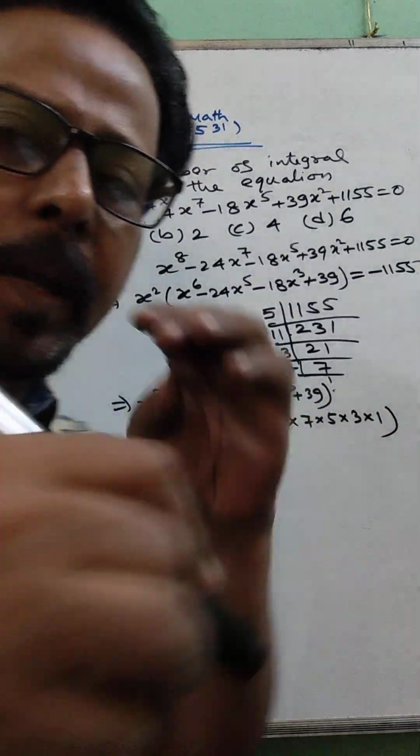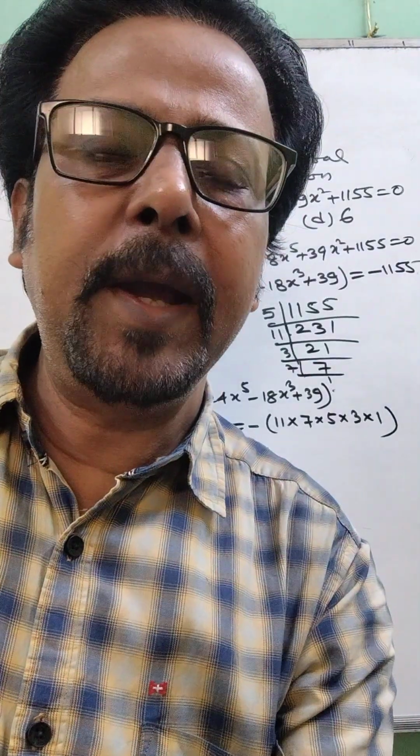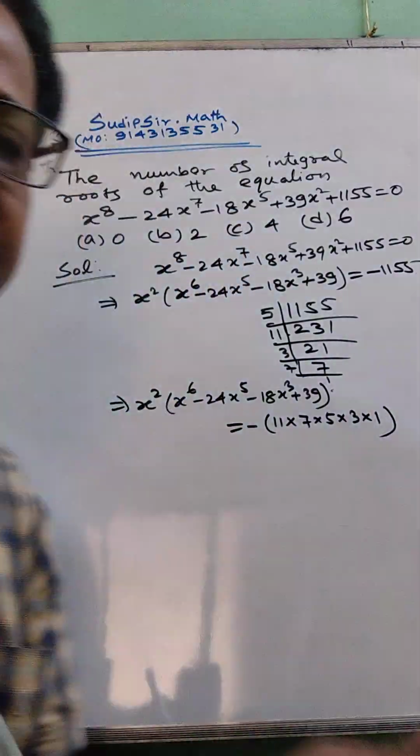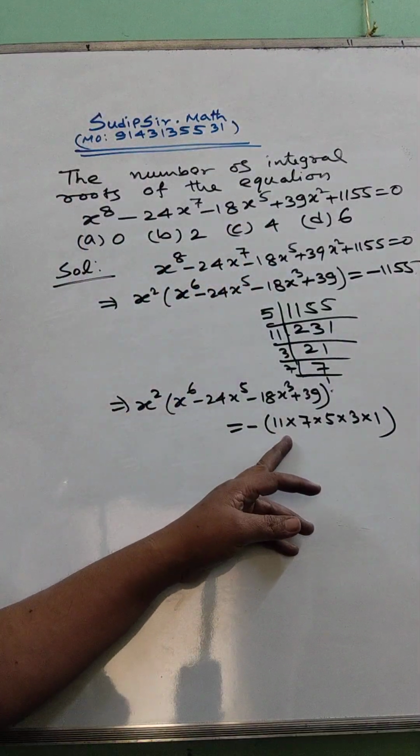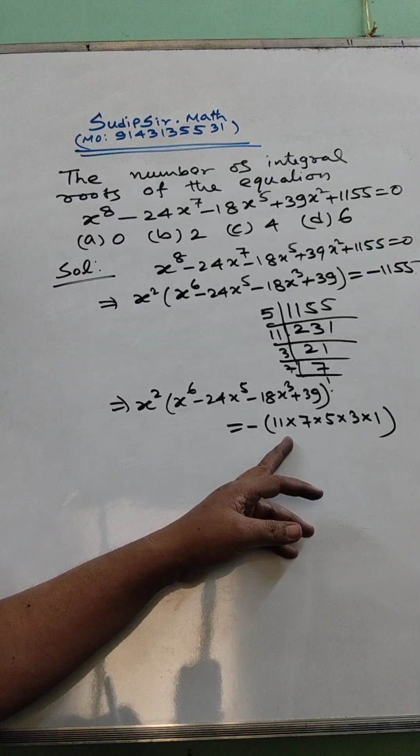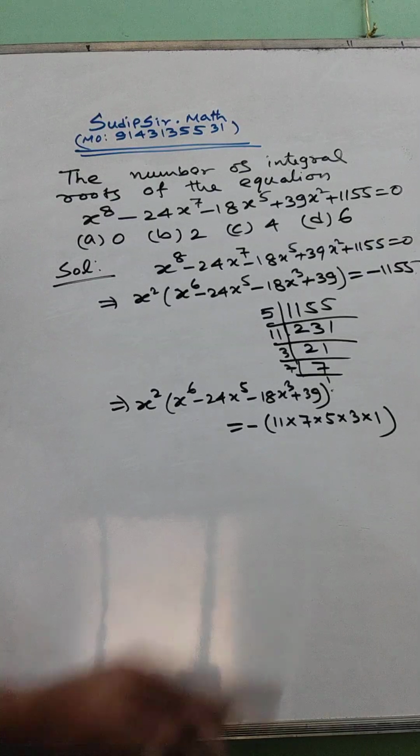So the value 1155 can be written like this: 11 into 7 into 5 into 3 into 1.